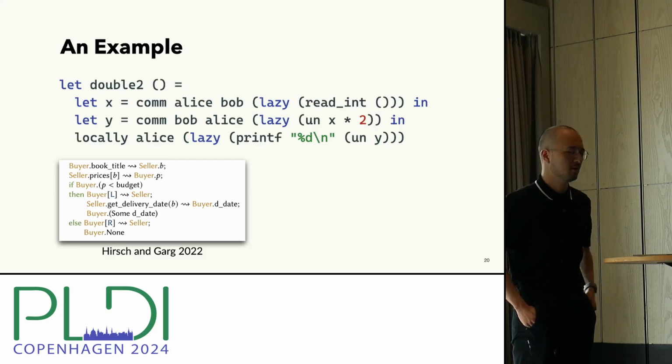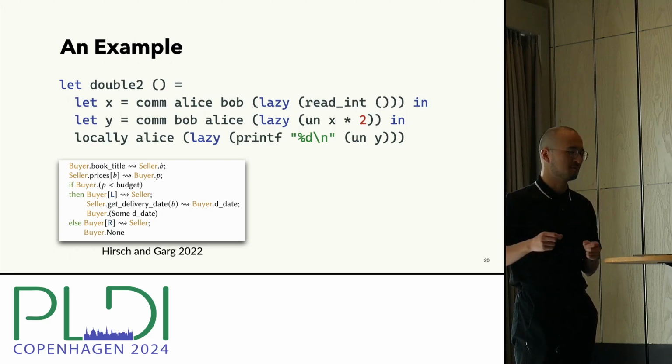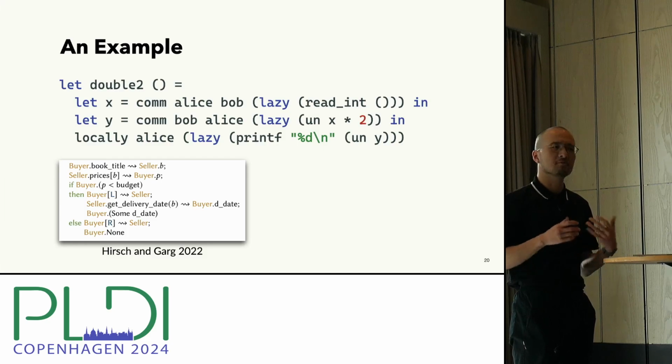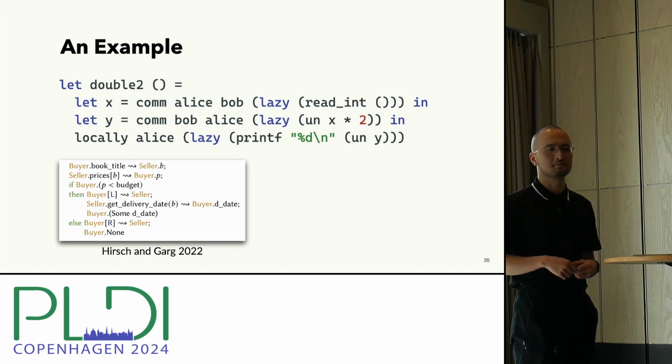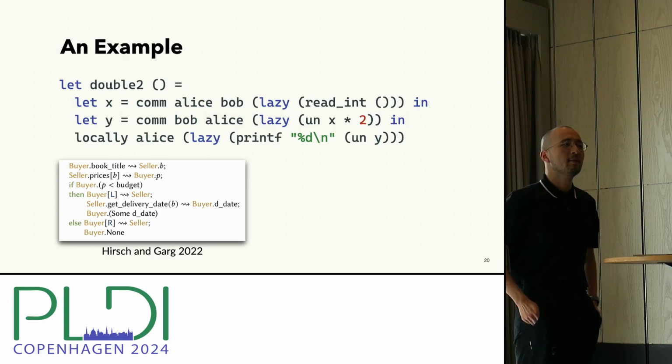OCaml achieved this because they constrain the way you use continuations. The continuation can be only used once, so they can have a very efficient representation of continuation. But for languages where you want to use continuations more than once, the performance might not be as good as a more direct implementation. And that's an open question.